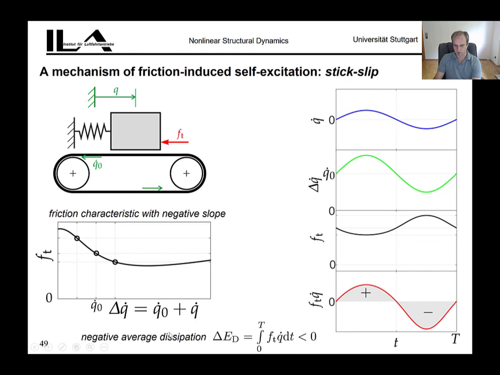In this orientation, the force here is plotted in the opposite direction of the motion. So if it points negative, in the opposite direction of the velocity, it actually dissipates power. So this is the dissipated power, and it's positive in this range.